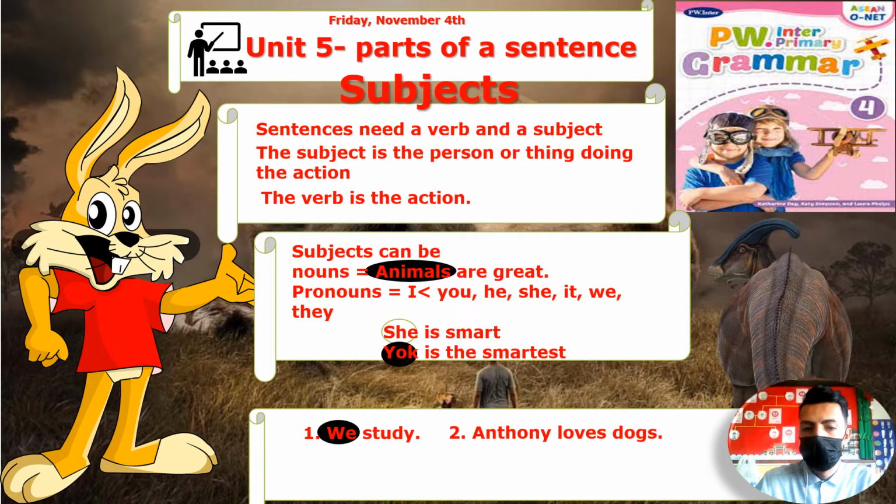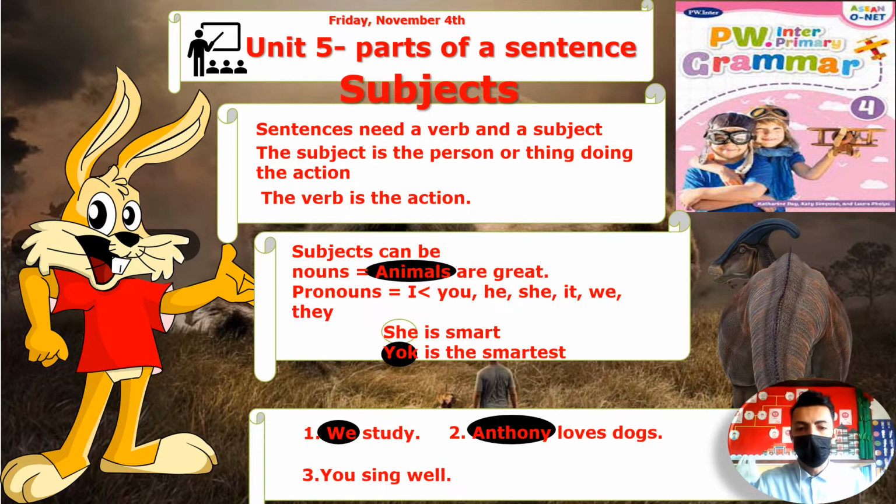Where is the subject in this sentence? Anthony. And where is the verb? Loves. In the first sentence, we study, the subject is we and the verb is study. Anthony loves dogs. Anthony is the subject. Loves is the verb.